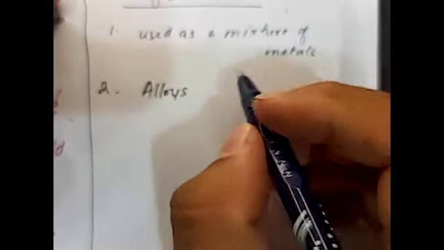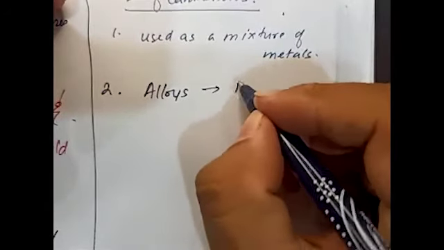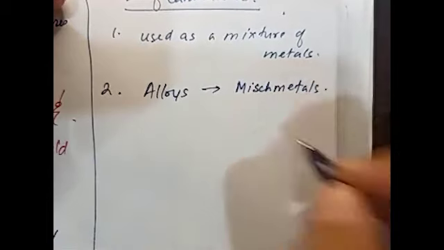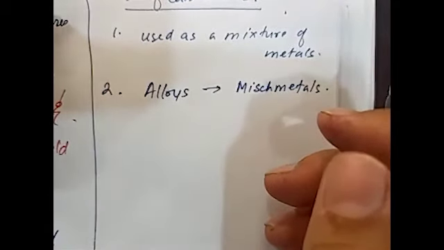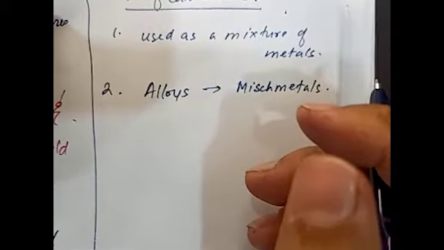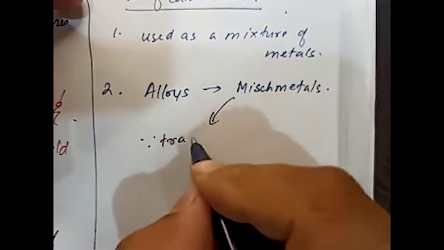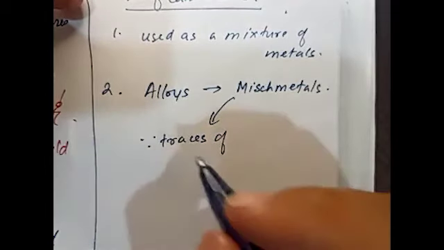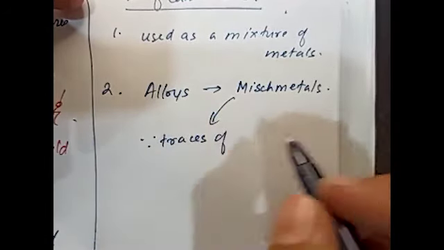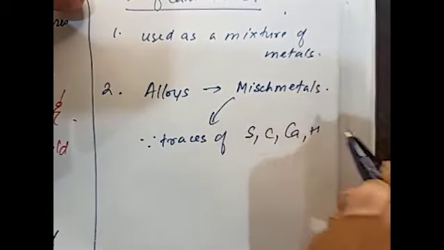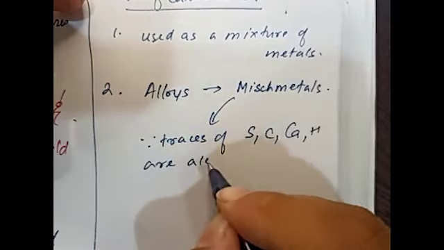Number 2, alloys. Alloys of lanthanoid elements are known as mish metals. Why? Since traces of sulfur, carbon, calcium, hydrogen are also found.